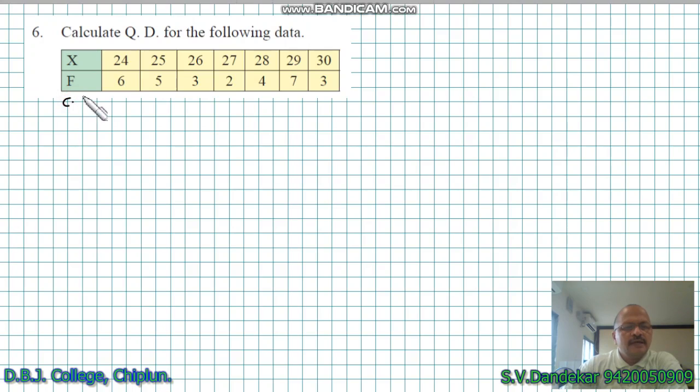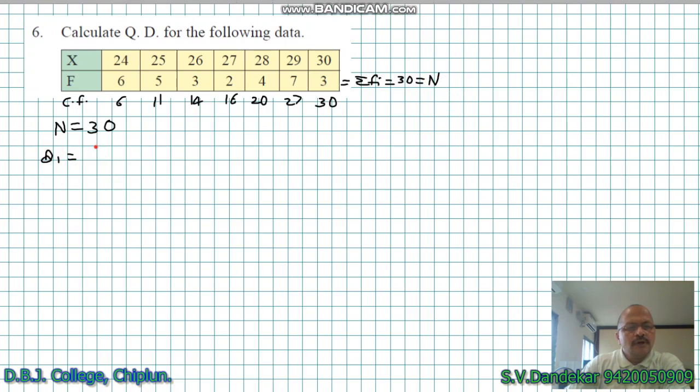Let us make less than type of cumulative frequency here only to save the time. 6, 6 plus 5, 11, 11 plus 3, 14, 14 plus 2, 16 plus 4, 20, 20 plus 7, 27, and lastly 30. So n is equal to 30. This summation Fi is equal to 30. It is termed as n.